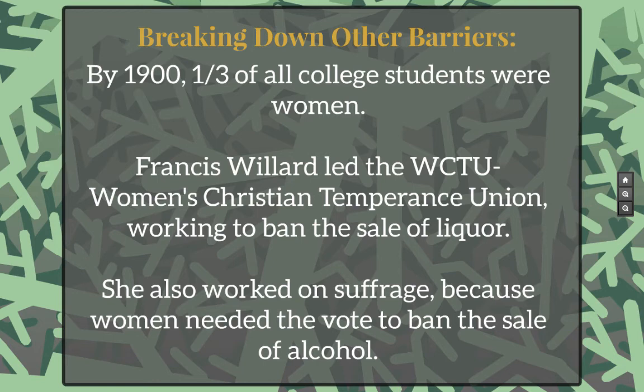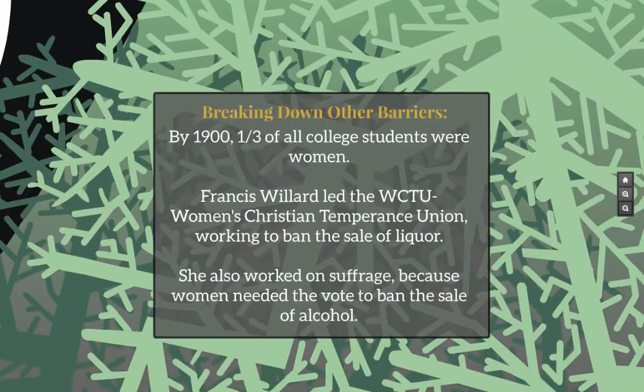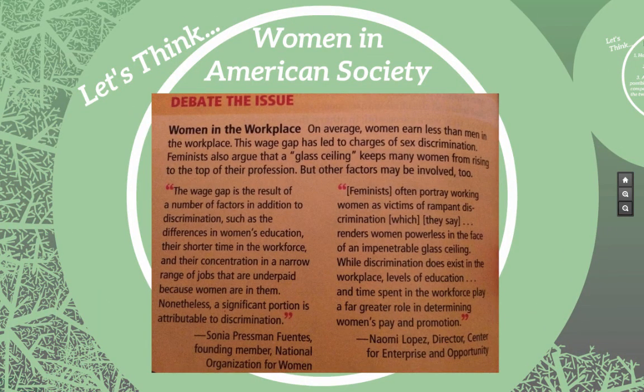She argued that women needed the right to vote to prohibit the sale of alcohol because alcohol was the cause of a variety of problems in American society. And she also promoted other social causes such as public health and welfare reform. But women, right along with African Americans, were fighting for equality at this period of time, right alongside each other.